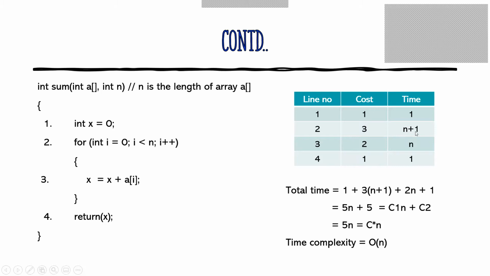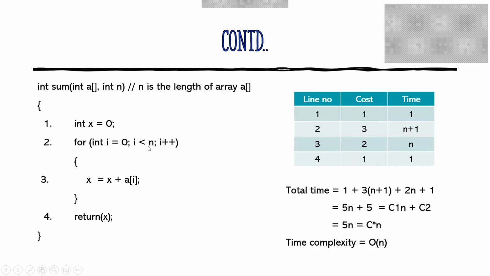Your time will be n plus 1. Why n plus 1? This one is also for calculating the false of the statement. This for loop is comparing the values and checking whether it is going beyond n or is less than n.